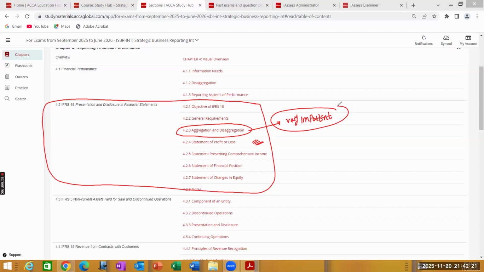If you club it with other expenditure, it would undermine the significance of the expenditure, and this is called aggregation and disaggregation criteria. So it is very important in IFRS 18 for your exam, other than your accounting standards.